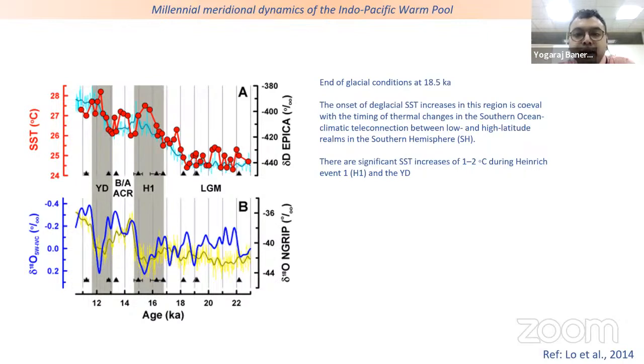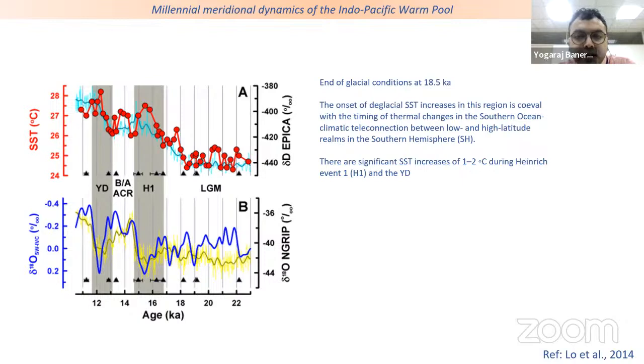The end of the glacial conditions took place here at around 18.5 ka, and we can see that the onset of the glacial SST increase in that region is also coeval with the thermal changes in the Southern Ocean, as is evident from the δD record that we are seeing here.